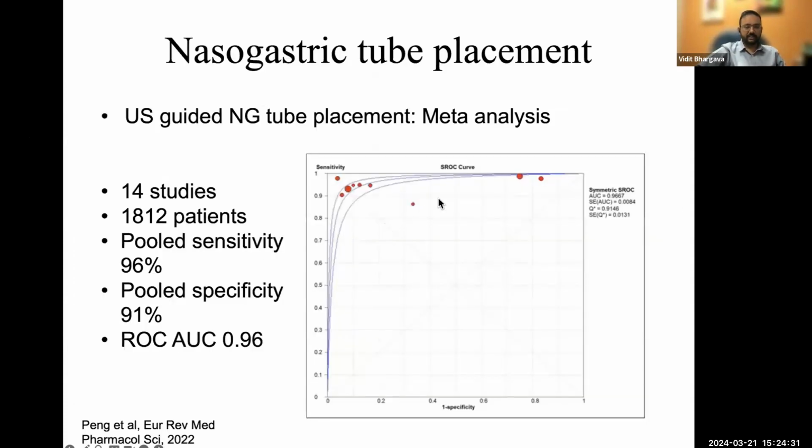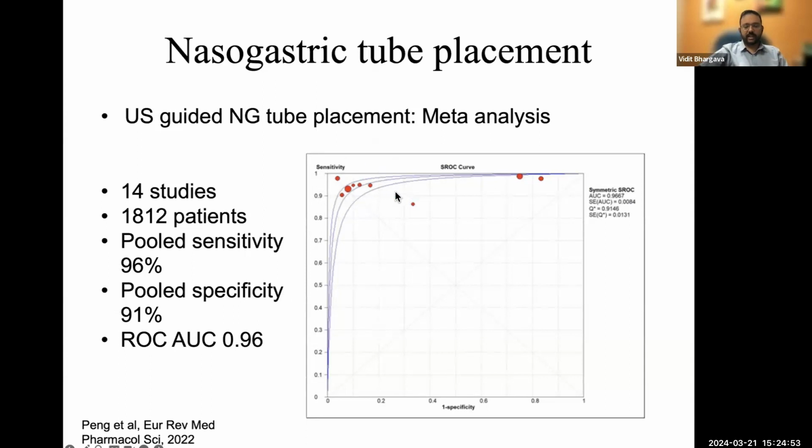This is a meta-analysis that was done back in 2022. It included 14 studies, about 1,800 patients, with really high accuracy of the test, great sensitivity and specificity, and very little spread around this AUROC.